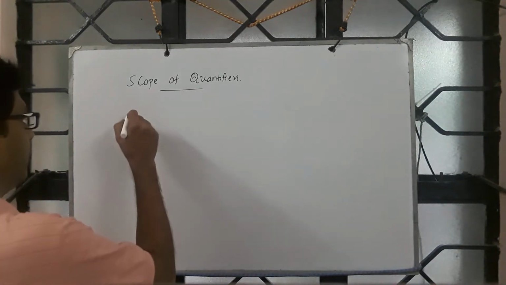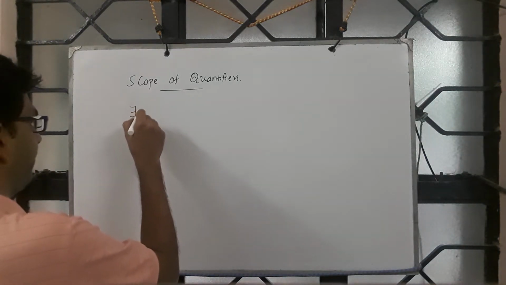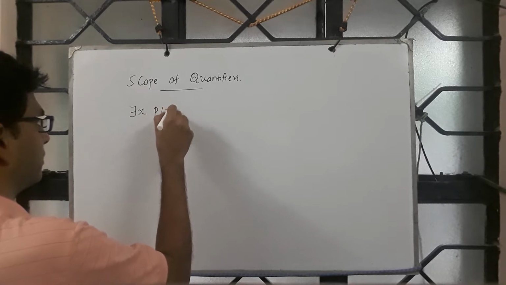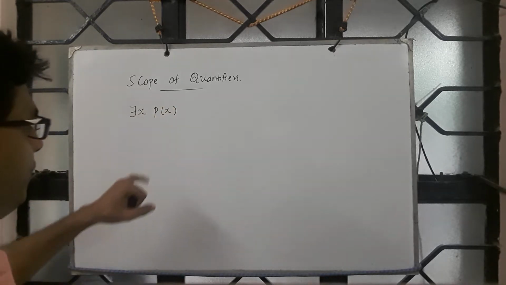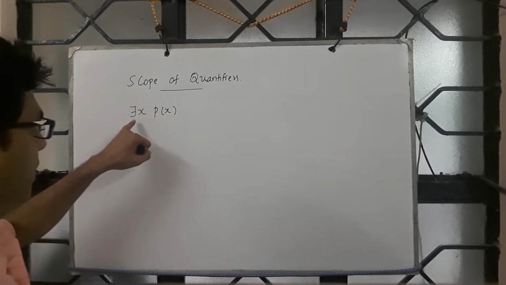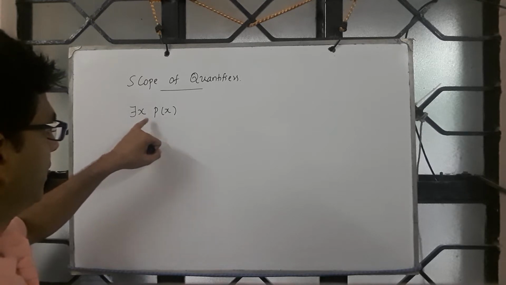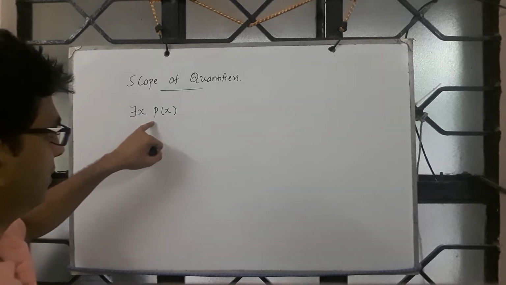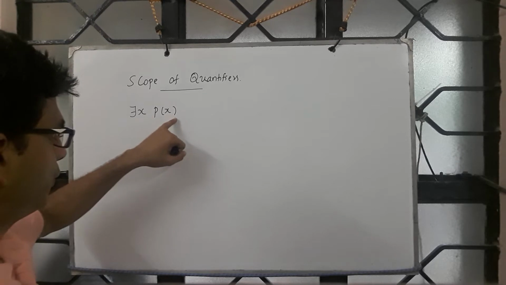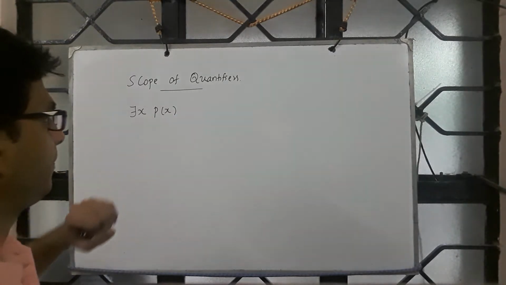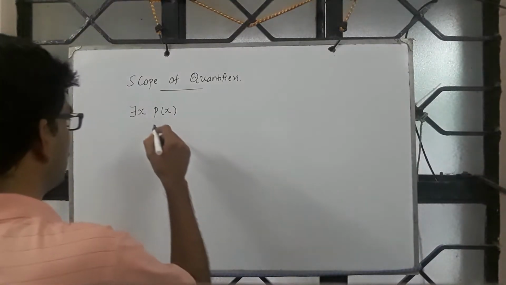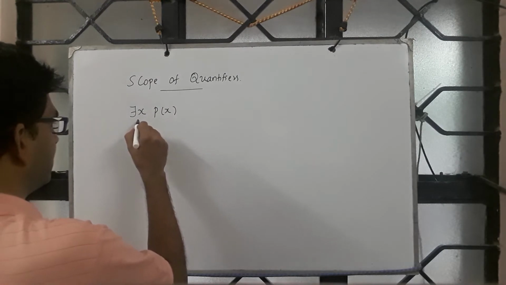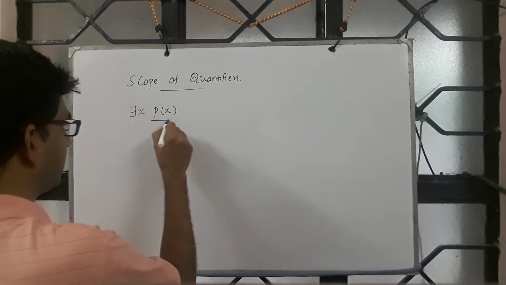Suppose I say there exists x p of x. It's a straightforward one, and this x is bound to this predicate, so the scope of this is restricted to this part.